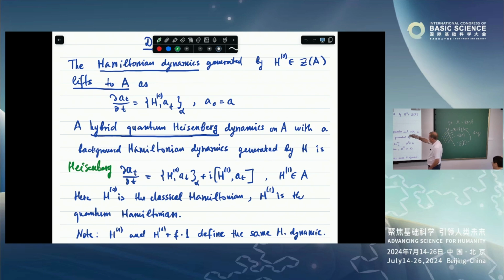Now, if we have a Hamiltonian dynamics, just usual Hamiltonian dynamics, not necessarily integrable, on M, then we can lift it using the connection alpha to the dynamics on A. Here is the definition: a hybrid quantum Heisenberg dynamics on the hybrid algebra of observables is the following. We have two Hamiltonians. One is classical, which governs the classical dynamics, and the other is a quantum twist of this dynamics.